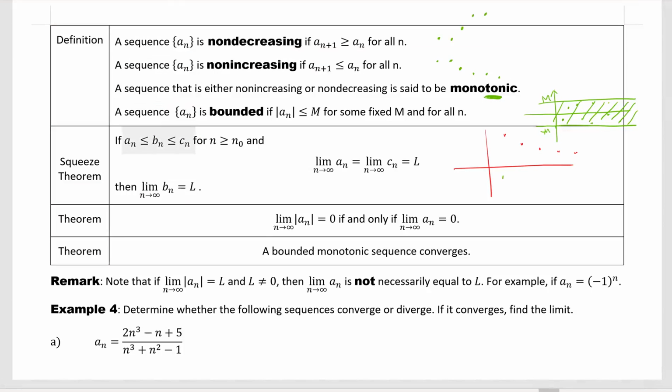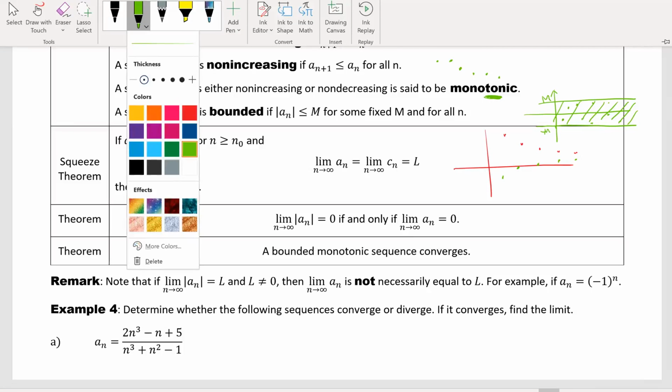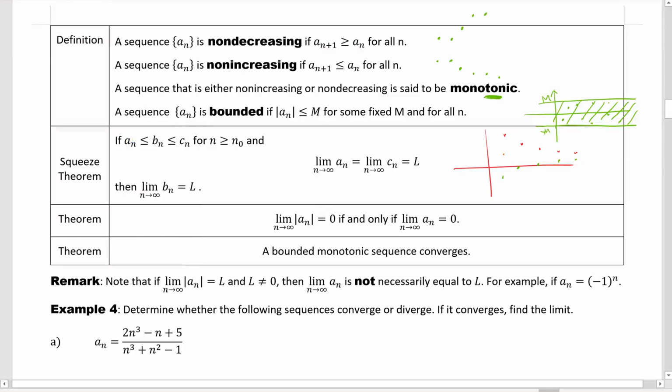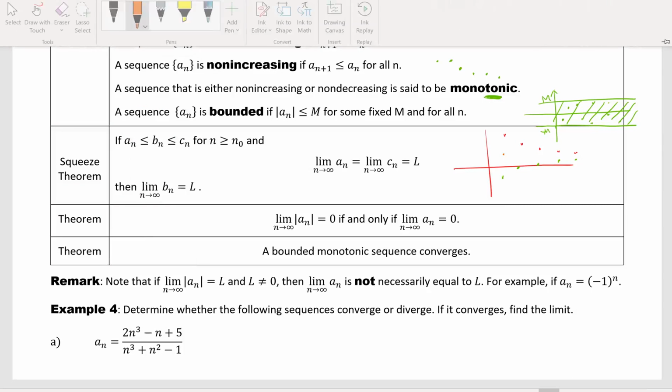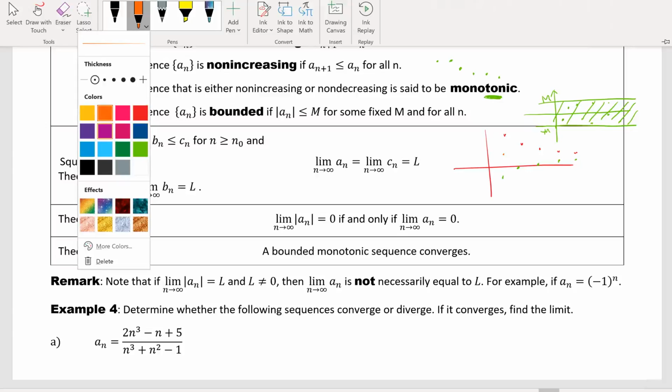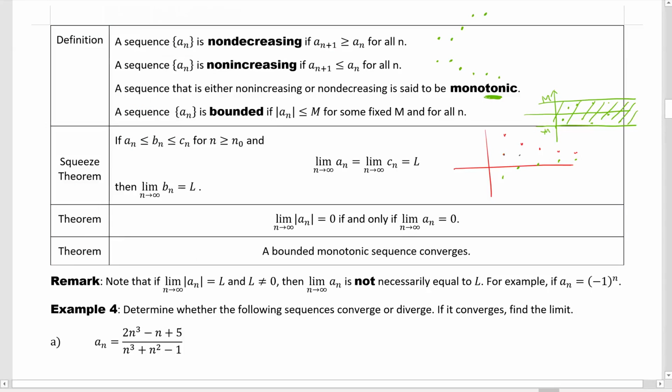This is the smallest, lowest sequence, and you have a sequence that is bounded between them. Then what happens? If the upper sequence and the lower sequence have the same limit, then the middle one must have the same limit. That is the squeeze theorem.